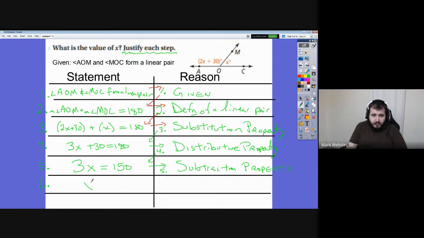Well, when I divide both sides by 3, 150 divided by 3 is 50. And again, how do I justify that I did that? Well, that's the division property. Right? That's the division property because in order to get from here to here, what did I do? I divided both sides by 3.